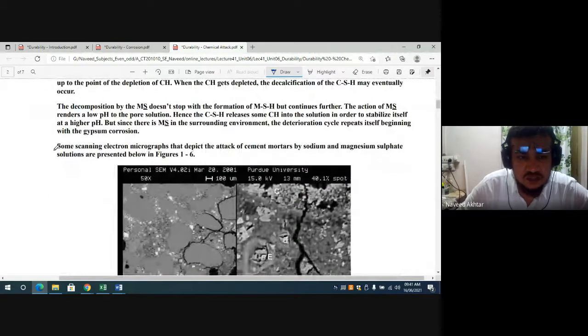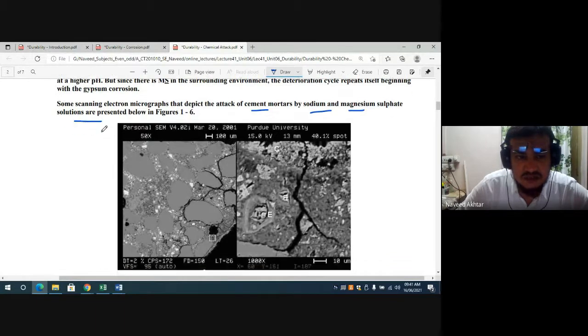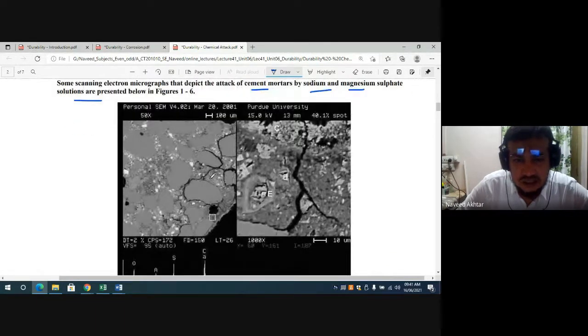Some scanning electron micrograph photographs depicting the attack of cement mortar by sodium and magnesium sulfate solution are presented below. You can see here the attack, due to which cracks have developed. The cracks are visible in the electron microscope.